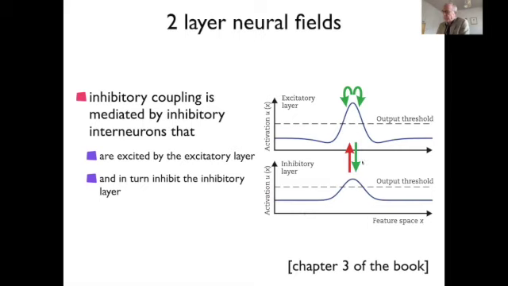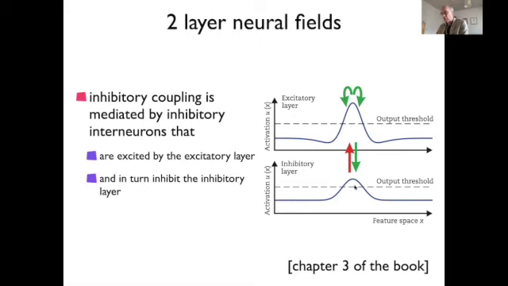Inhibitory interneurons would be neurons that are inhibitory in nature, that is, the neurons in this field project onto, in this case, back onto the excitatory layer with inhibitory synapses, so making negative inputs to this layer. But the inhibitory neurons would be driven by excitatory neurons.